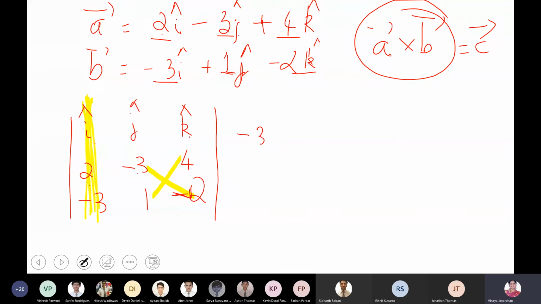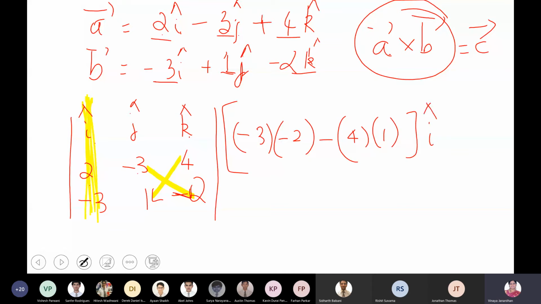Minus 3 into minus 2, minus of 4 into 1 I cap. This is how the first one happens to be.